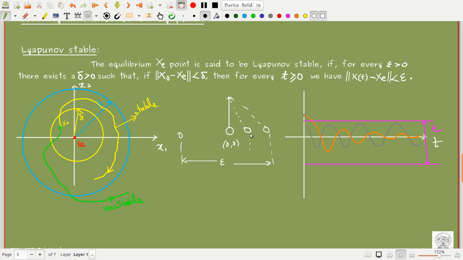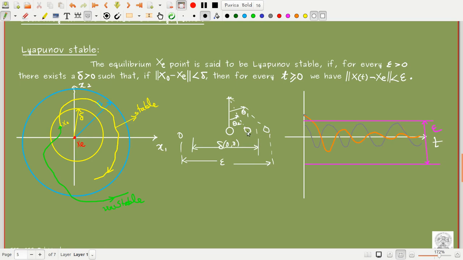So I am going to choose the initial point for the pendulum somewhere here to lie within some delta distance. This theta 1 is at the epsilon distance, and I am going to choose an initial point theta 2 such that I am lying within some delta distance here.